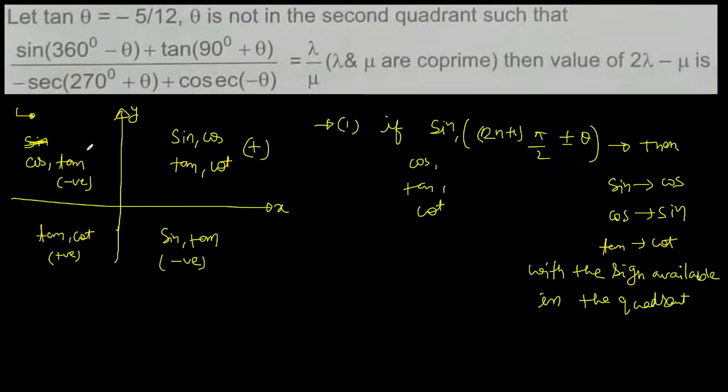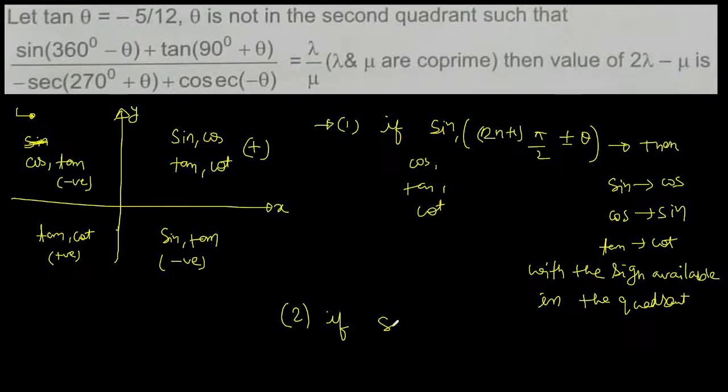Like if we have cos 90 plus theta, which will come in the second quadrant, so it will get negative sin theta. If we have sine 180 plus theta, no, 180, it is only 2n plus 1 pi. For this reason, 270 minus theta, sine 270 minus theta, 270 is a multiple of 90, so sine will convert into cos with negative sign. That's all.